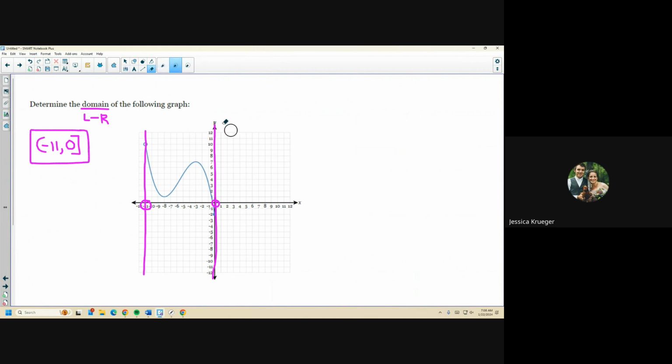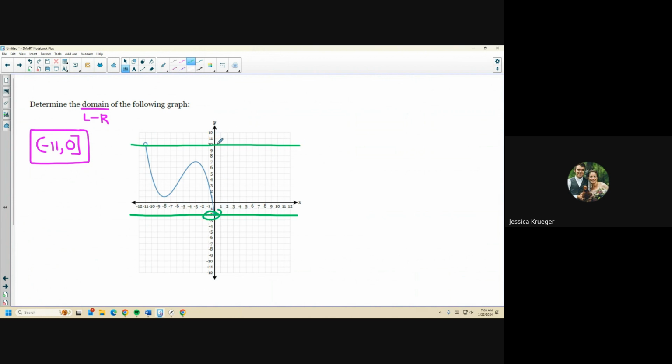Now, if they asked you for the range, that is bottom to top. So we're going to go to the very bottom of the function and draw a line and go to the very top. There's no arrows, so I don't have to worry about it going to infinity. The range is the y values.